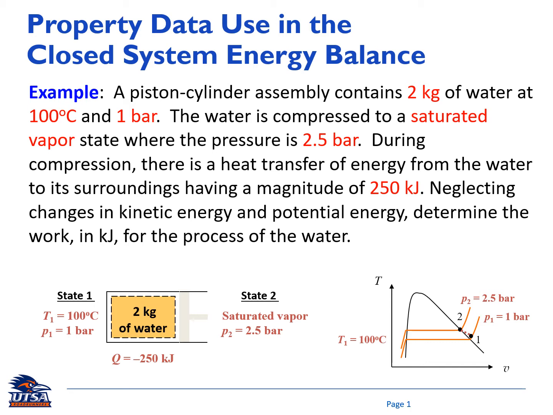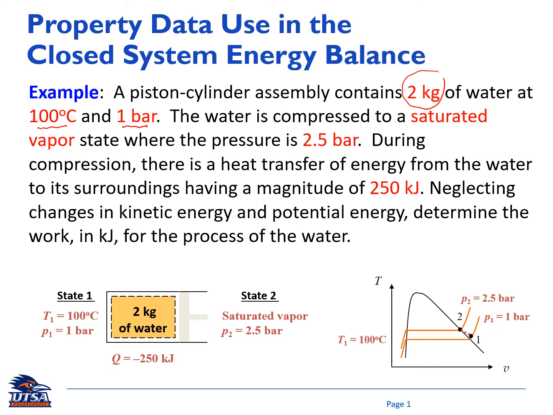As an example, a piston cylinder assembly contains 2 kilograms of water at 100 degrees C and 1 bar. So two properties are given here, 100 degrees C and 1 bar.